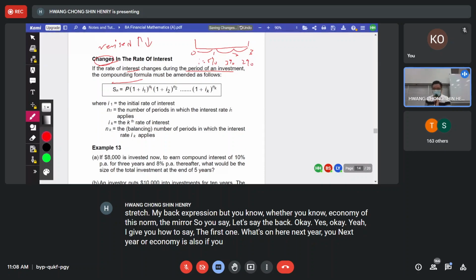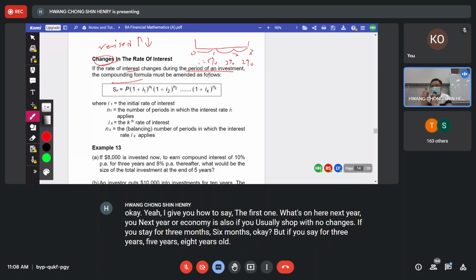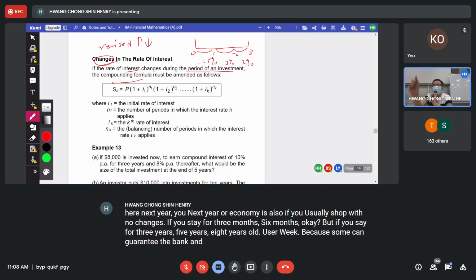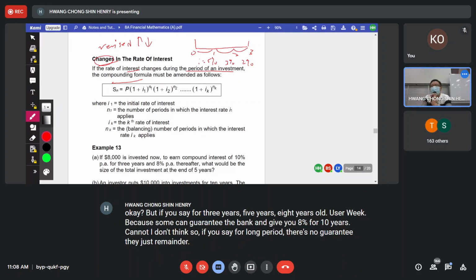Usually, for a short period, there are no changes. If you save for 3 months or 6 months, okay. But if you save for 3 years, 5 years, 8 years, usually it cannot hold, because who can guarantee the bank can give you 8% for 10 years? Cannot. I don't think so. If you save for a long period, there's no guarantee the interest rate will remain the same.